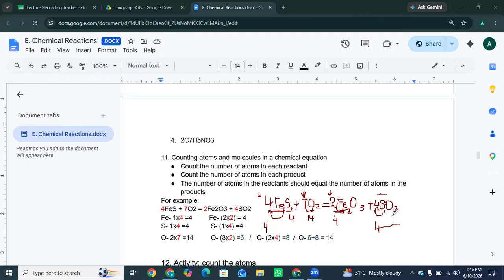From the first part, 3 oxygen atoms multiplied by the big front number, which is 2. So 3 times 2 is 6.